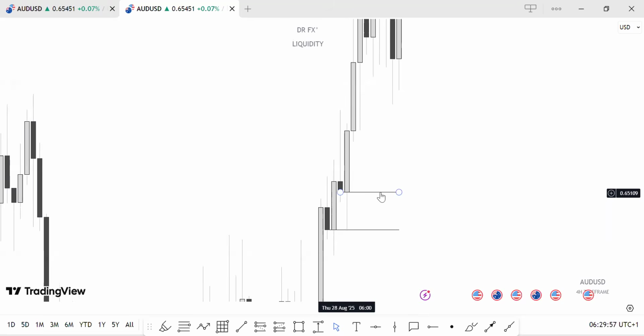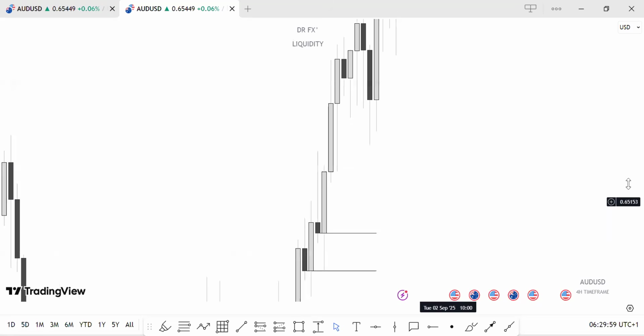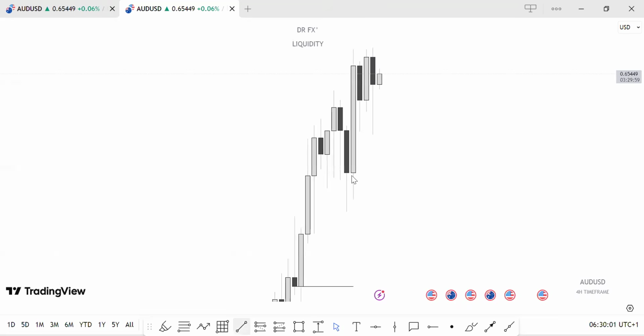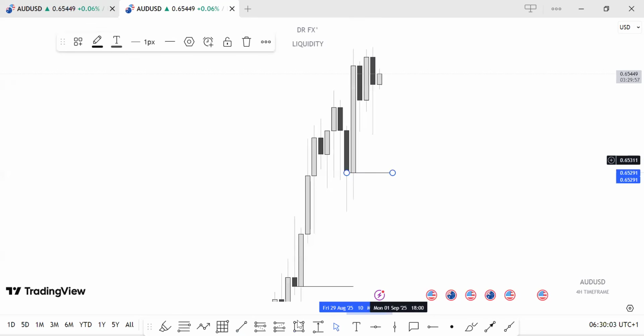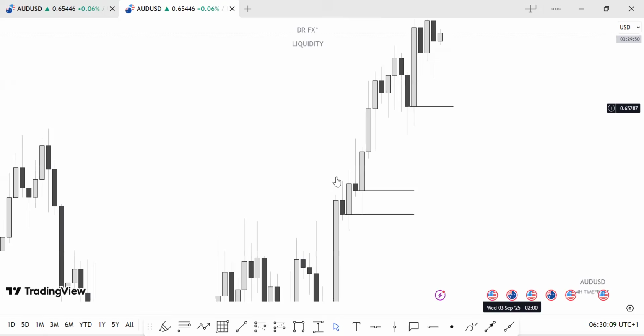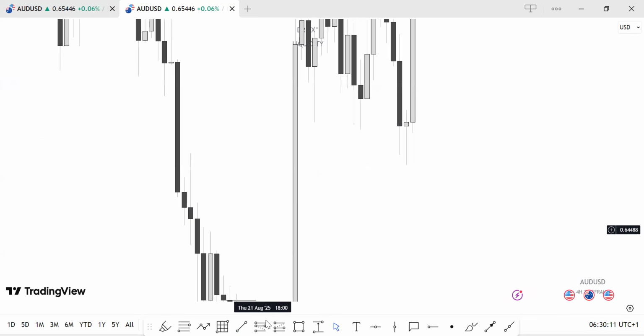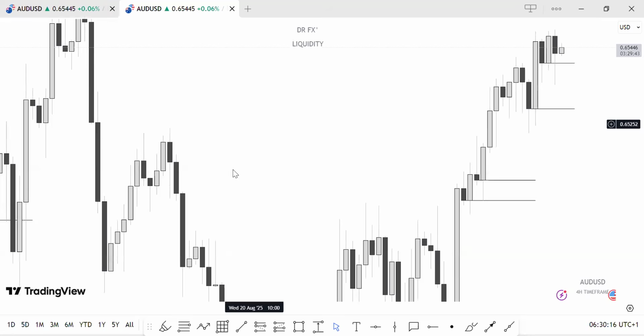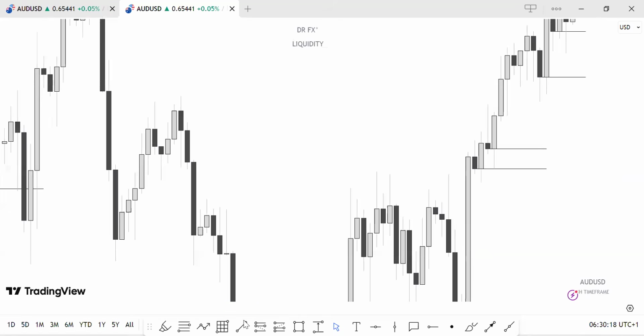But this one is fresh because the market has not come into it yet. Right? So this is a fresh key level. But this one is an unfresh key level because the market has used it. Just now, the market used that particular key level, right? So you see them a lot. There are fresh key levels, there are unfresh key levels. And unfresh key levels are not expected to be used again, right?